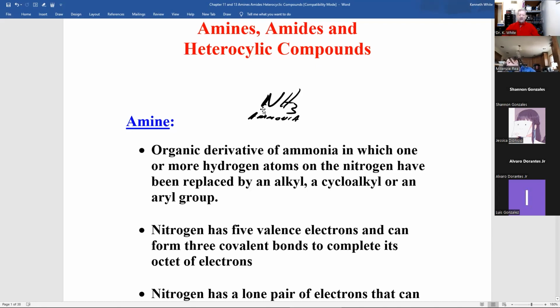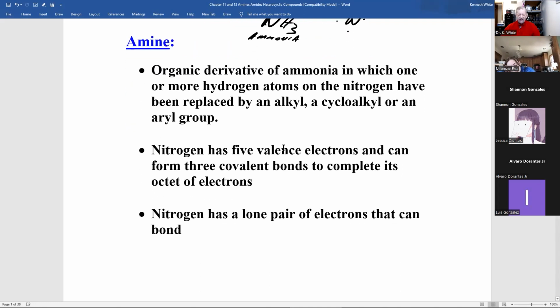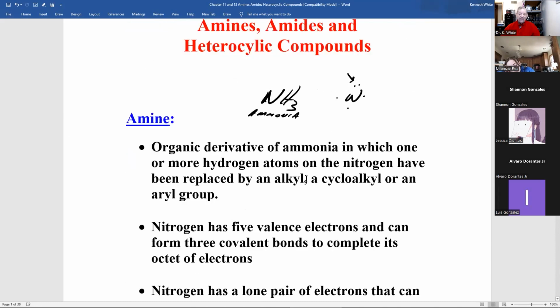Now, when we talk about nitrogen and ammonia, nitrogen has 5 valence electrons. Here's the Lewis structure. And normally to get an octet, nitrogen has 3 bonds, unlike carbon, which has 4. But this non-bonding pair of electrons, which I usually call the lone pair of electrons, can also bond.